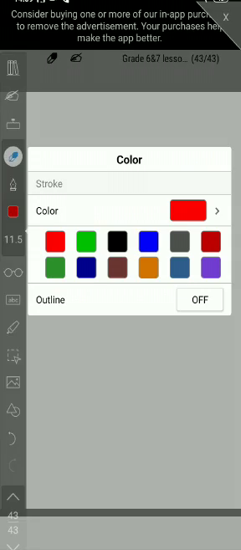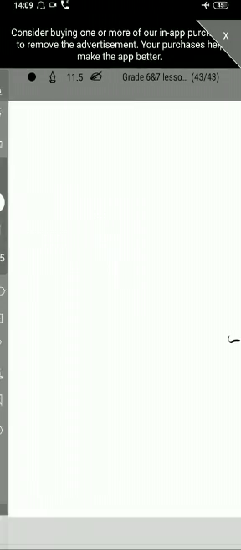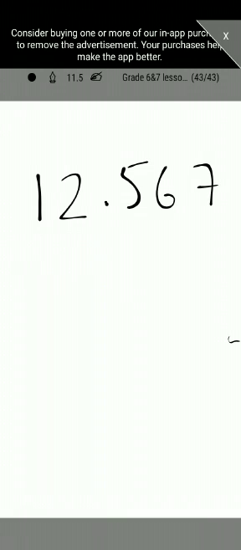Alright, let me write again here because there was no space. Now if you have 12.567, okay, so this is tens, this is ones, right? 2 stands for ones. After the decimal point, this is 5/10, right?